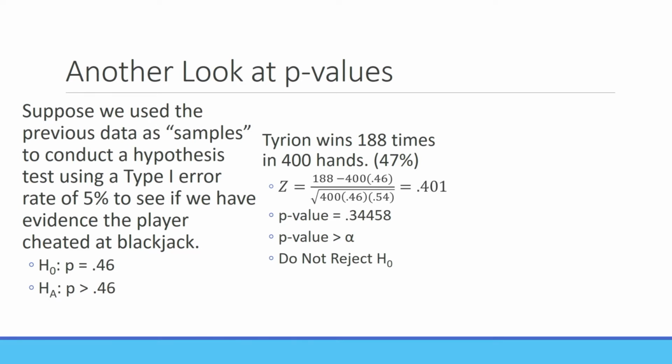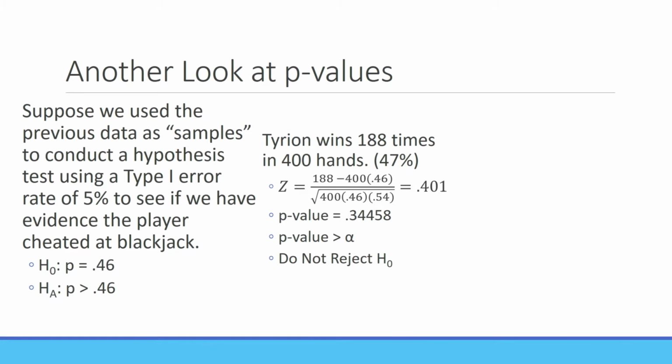Well, hopefully you came up with no. And the reason for that is his winning percentage was really close to what we would have expected him to win. We would have expected him to win 46% of the time, which would have been 184 hands. He won 188. Well, okay, he won a little bit more than he was supposed to, but not much at all.